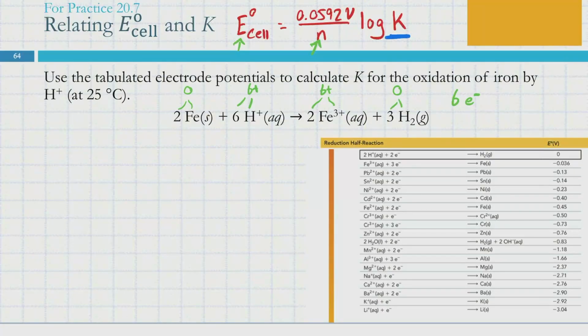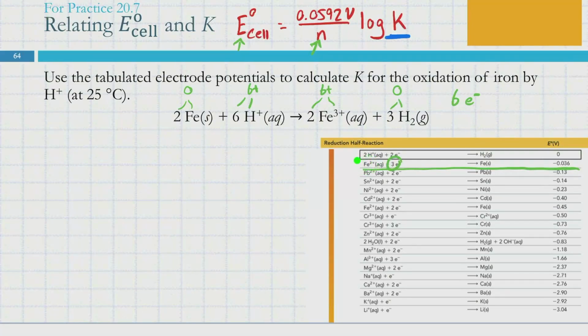We could also find, and indeed we have to find, down here in our reduction half reaction table, it's our second entry just below our standard hydrogen electrode, SHE. We've got our iron 3 plus going to neutral iron. And we can see that we've got 3 electrons transferred there.